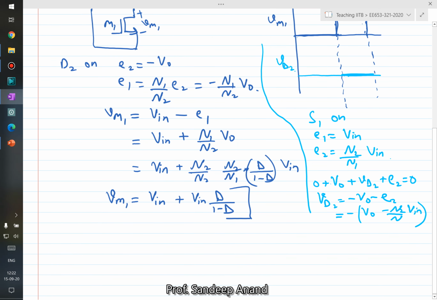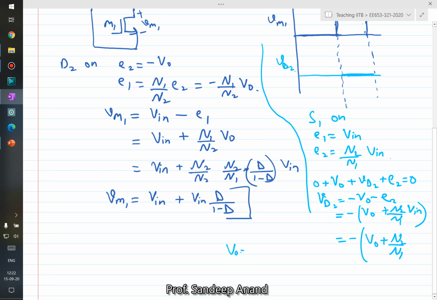I can further rewrite this. I can keep VO as it is, and I can represent Vin in terms of the duty cycle, or I can do it the other way, keeping Vin fixed. In this case, let me represent Vin.